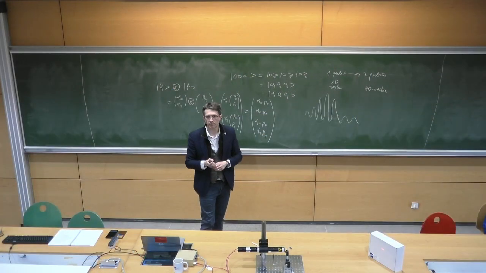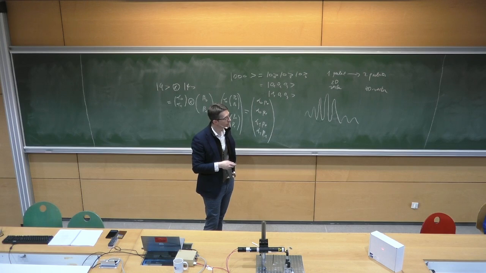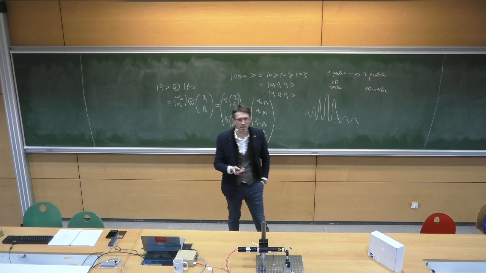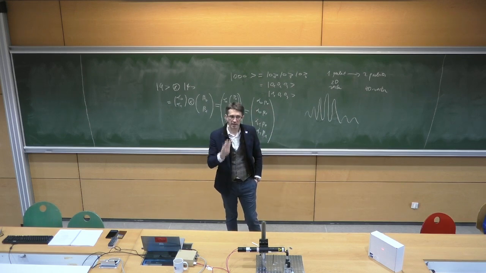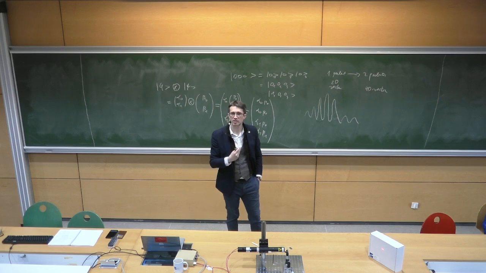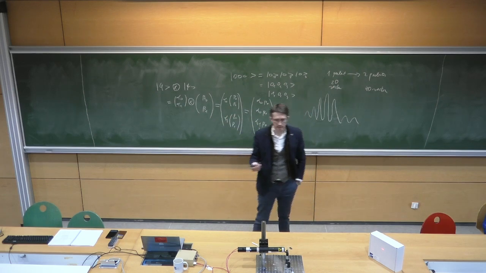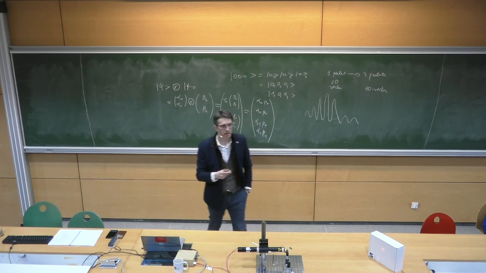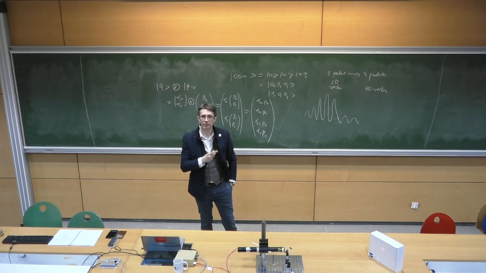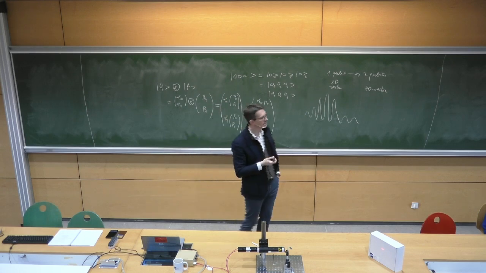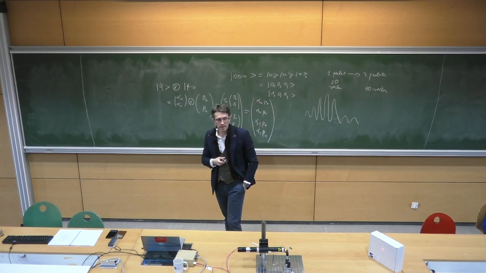Well, actually, one way of seeing it is that this works for waves, but we said light is a wave, but light can also be described by photons. And what it means is that photons will actually do the same thing. So what does that mean, do the same thing?